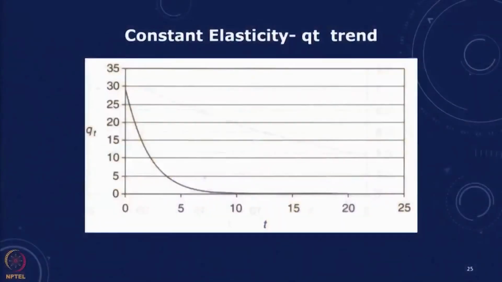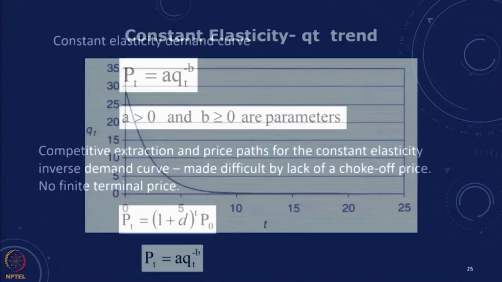And in such a case, we identified all the parameters so that we could get Qt as a function of time, and we got Pt also as a function of time. So this is the constant elasticity price trend and constant elasticity Qt trend. You can see that beyond a point, after a certain point of time, it goes asymptotically. It's not exactly 0, but it still keeps going down.